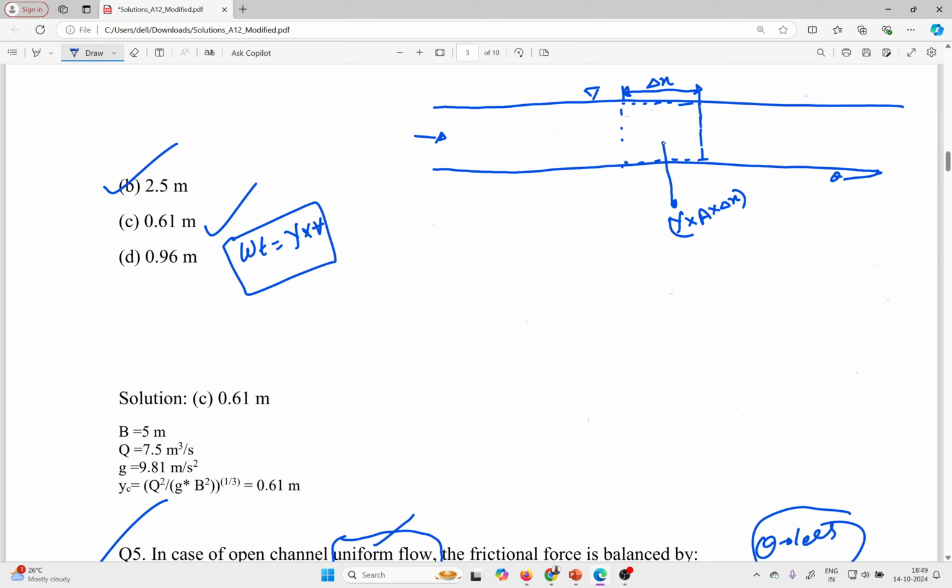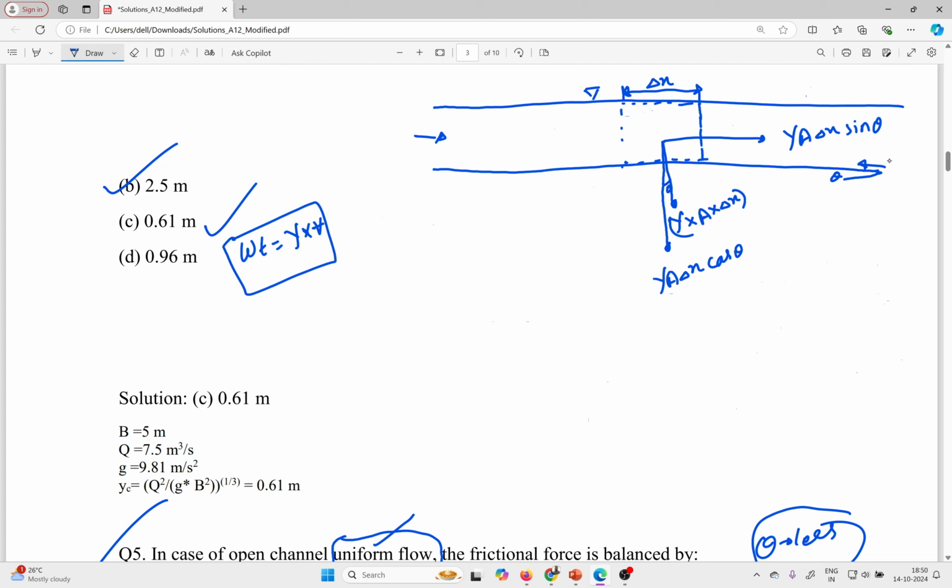Now the components of this are gamma A delta x cos theta, and this is your sin theta, and this is your frictional force.